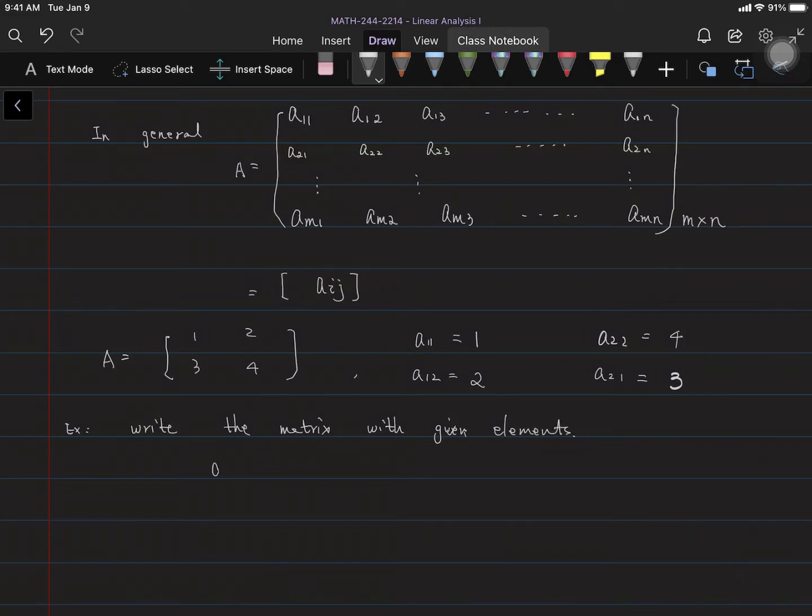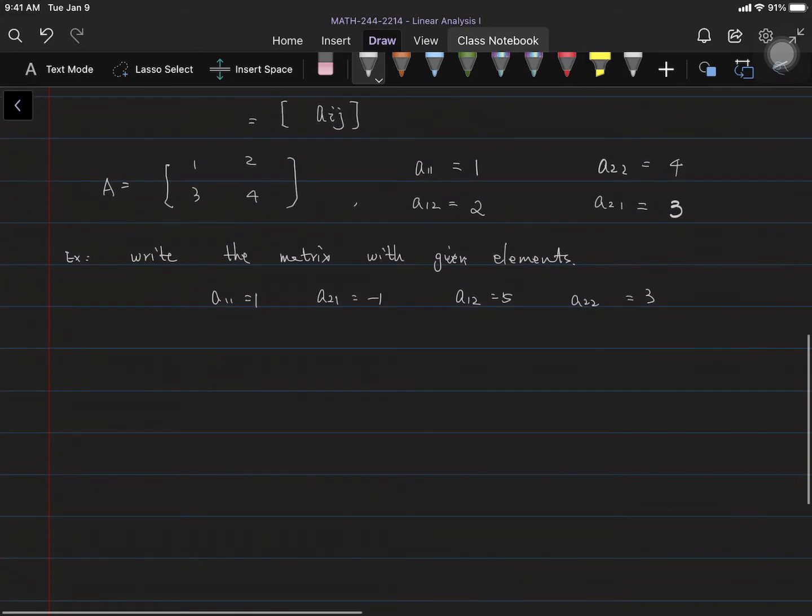Those are given by A11, which is 1, A21, which is -1, A12 is 5, A22 is 3. So you can see here we have 4 elements. Actually, this is a 2 by 2 matrix. Let's write down the 2 by 2 matrix.